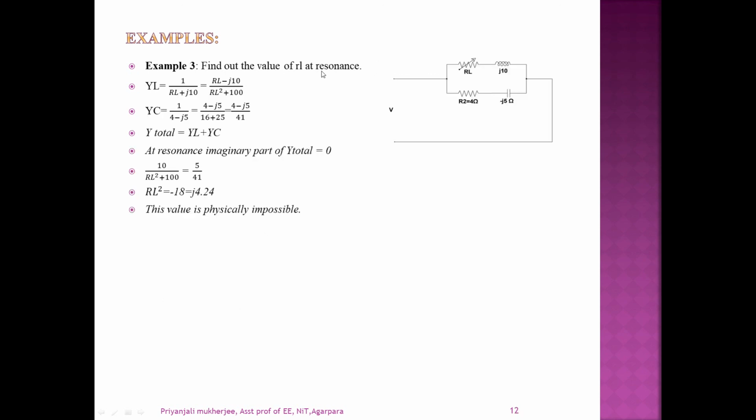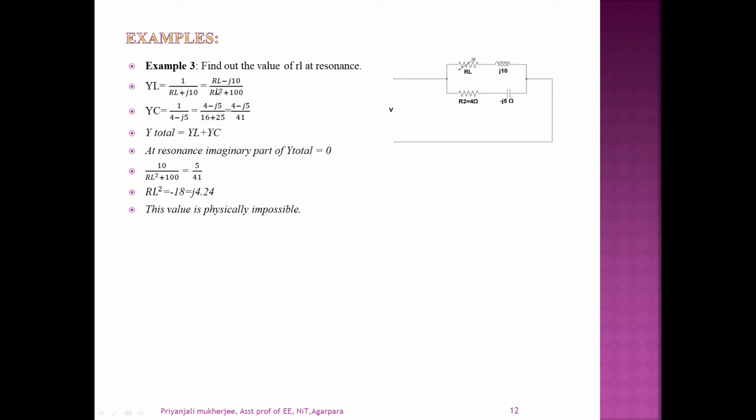And here we can take an example where supply voltage is given and RL, that is the variable resistance, is connected with the inductor, that is J10, and here 4 and minus J5. So admittance YL in this branch is equal to 1 by RL plus J10, and we can convert this by multiplying RL minus J10 on both sides, and similarly YC becomes this one.